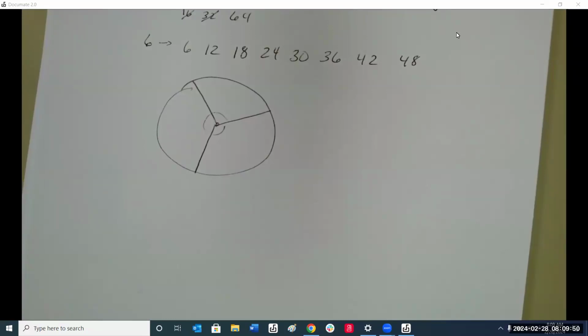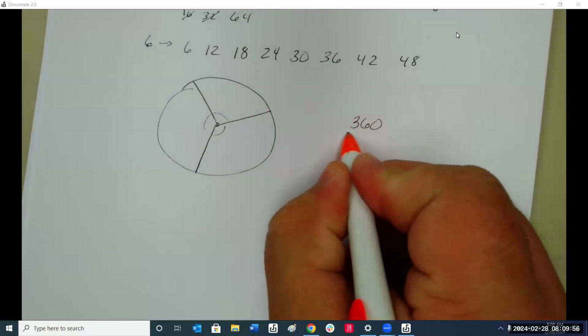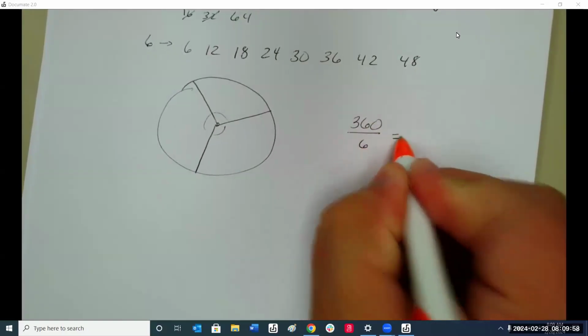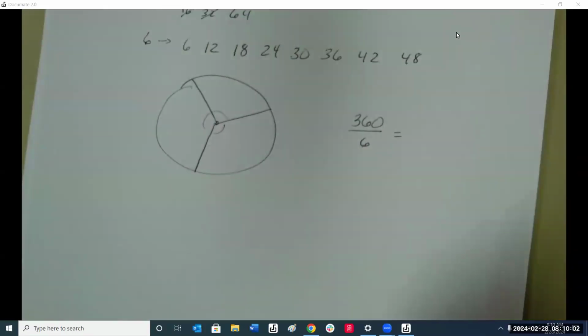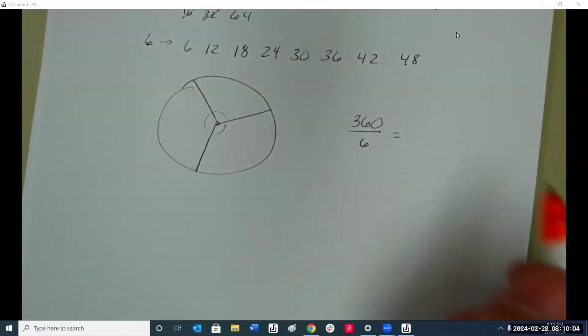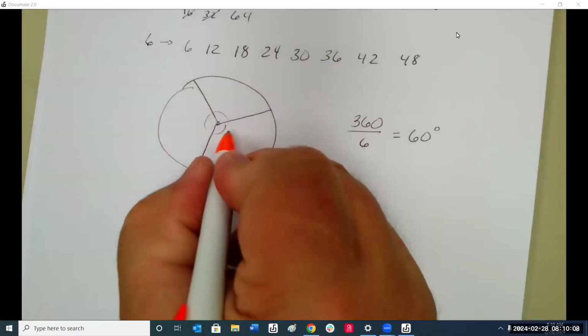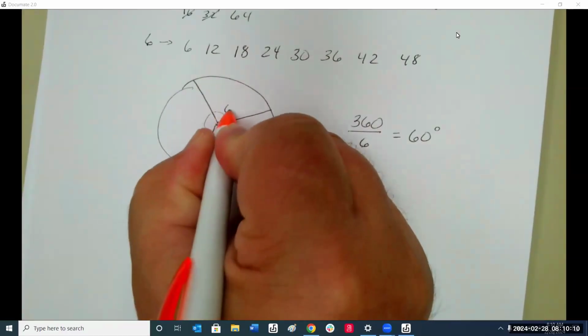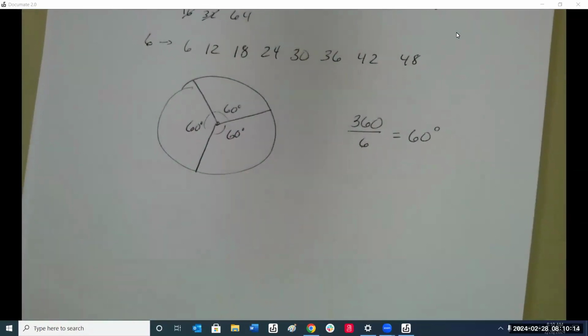What's a total circle? How many degrees in a circle? If you divide that by 6, what do you get? How many times is 6 going into 360? Each angle would have to be 60 degrees. How would you figure that out?